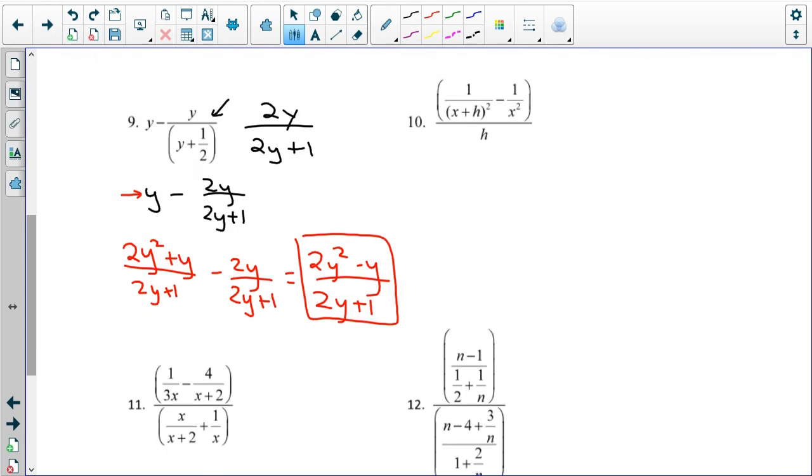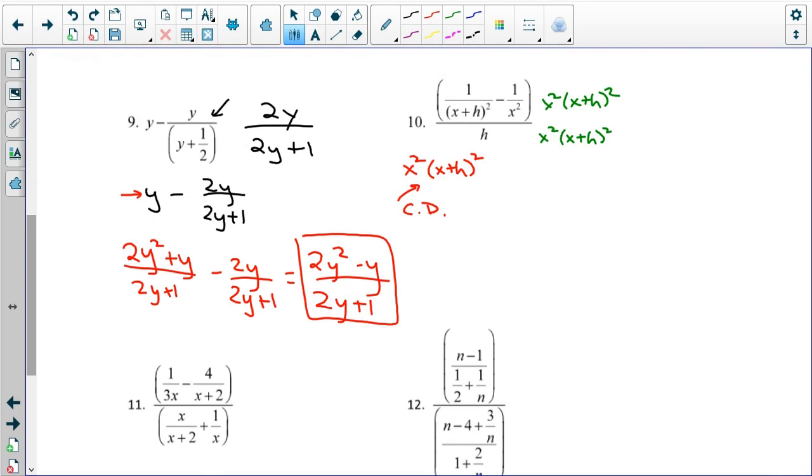Number 10. If I look at the numerator, x squared times x plus h squared is my common denominator of the denominators. So I'm going to multiply the top and bottom by x squared times x plus h squared. What ends up happening is I get x squared times x plus h squared.